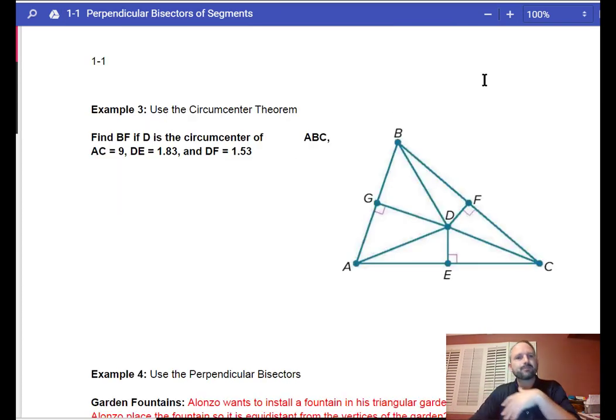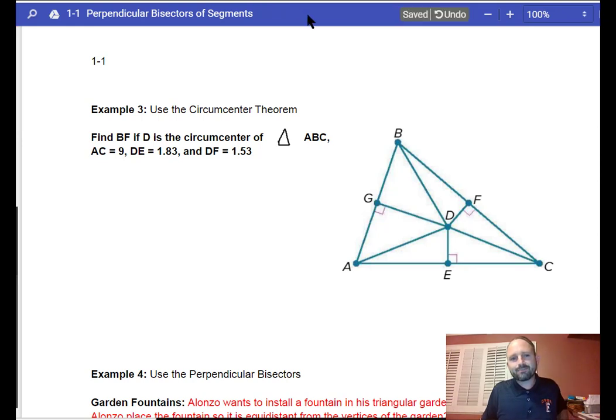So we have to use the circumcenter theorem to find BF if D is the circumcenter of triangle ABC. So we know that AC is 9. All right, so from A to C is 9. Okay, cool. We know DE is 1.83. We know that DF is 1.53.